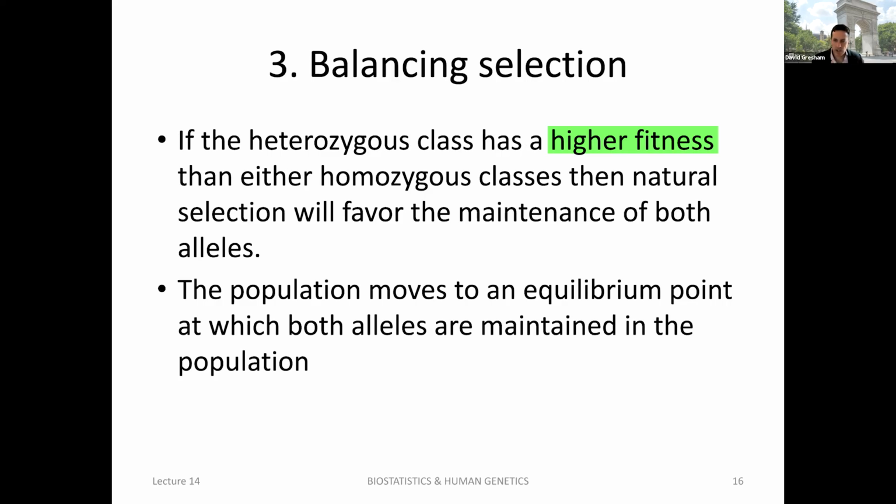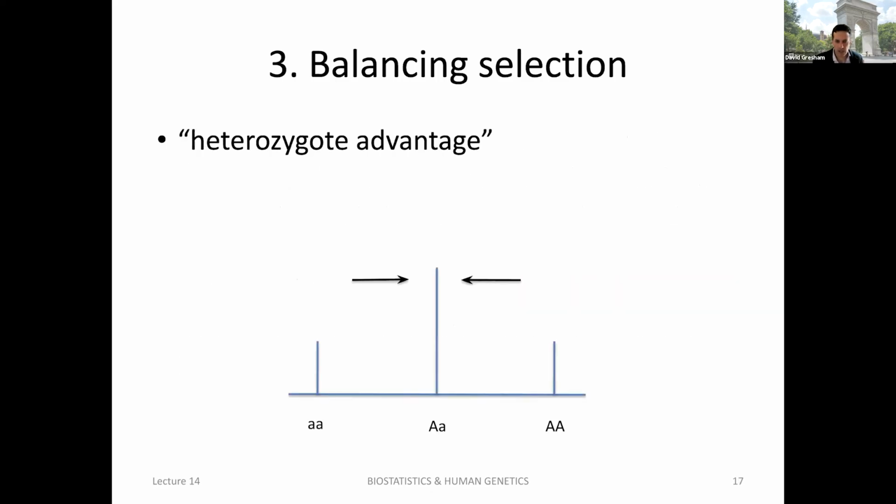And so natural selection is going to favor the maintenance of both alleles because it's going to favor the propagation of heterozygous individuals. This is a really interesting phenomenon that's going to move the allele frequencies to some equilibrium point in the population in which both the alleles are maintained. We can visualize this as sort of a directional selection, but it's selecting for maintenance of diversity.